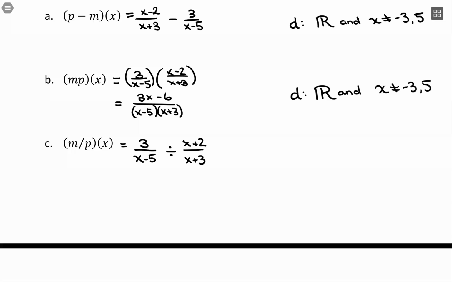So I'm going to do the keep, change, flip. We're going to keep 3 over x minus 5, change to multiplication, and then x plus 3 over x plus 2. Simplifying this, I'll go ahead and distribute the numerator, so we end up with 3x plus 9 over x minus 5 times x plus 2.